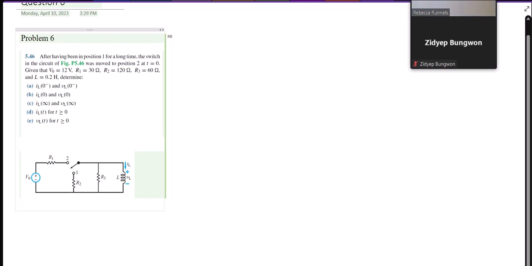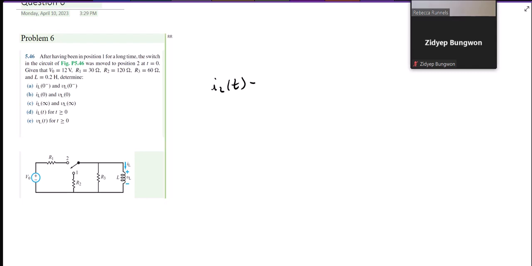So on the two problems that I gave you, it has listed out what you need to find. But if it's not, if you were just told to find the current for any time t for an inductor, you're going to use this: IL of t equals IL at infinity plus IL at 0 minus IL at infinity, times e to the minus 1 over tau t.